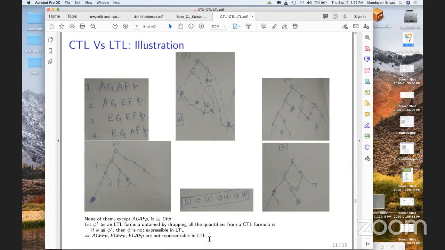You drop off the path quantifiers and then you check if they are equivalent or not. If they're not equivalent, then you can't represent them in LTL. You can find lots of such formulas. Generally, if you end up having embedded existential quantifiers anywhere, they won't be representable in LTL.